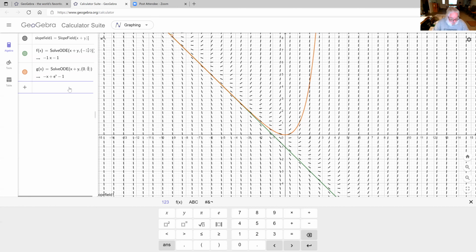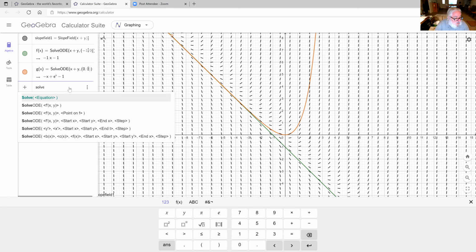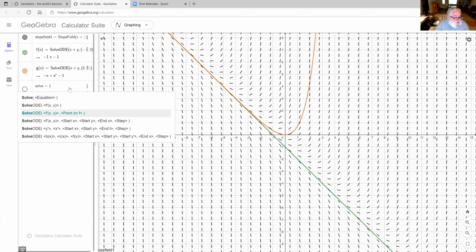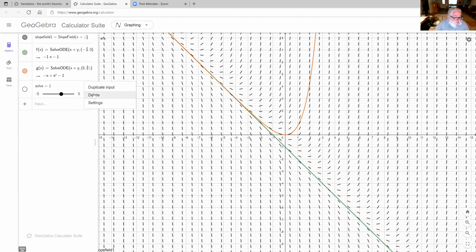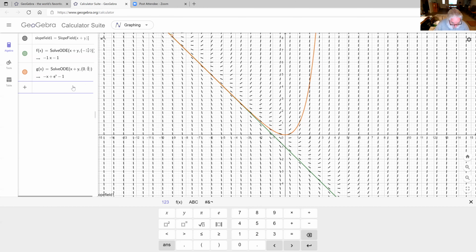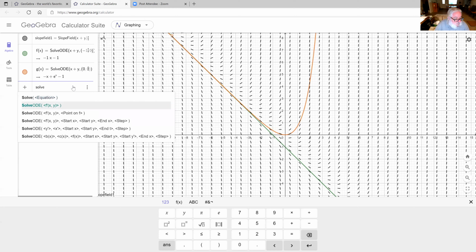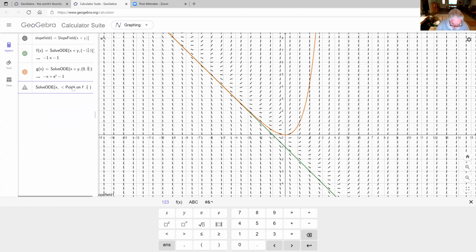And then finally, suppose we start somewhere below. Solve ODE, enter x plus y, and suppose we start at -2, 0.